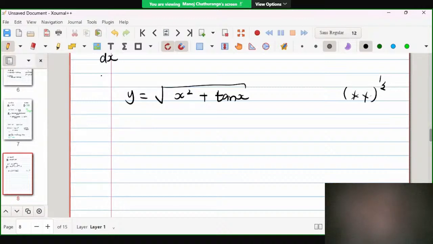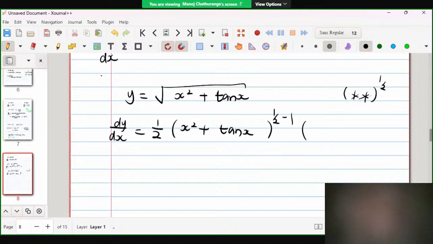So to differentiate this function, first of all, we need to differentiate the outer function. Power one half means it is a power function. The way we differentiate a power function is bring the exponent to the front, reduce the current exponent by 1. Don't do anything to the inner part. So this is how we differentiate the outer function, the power function.